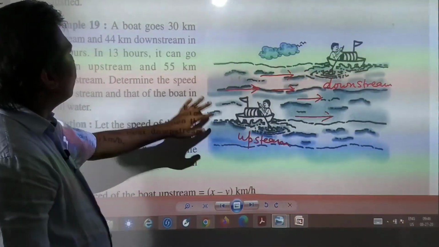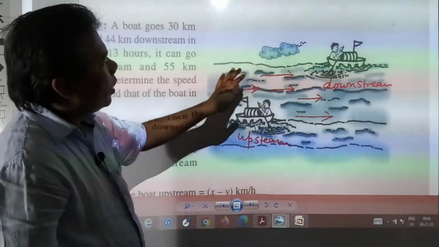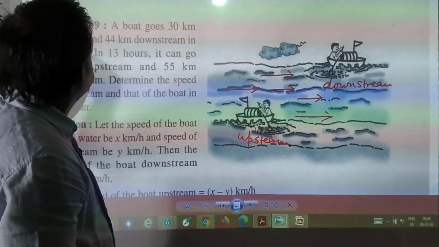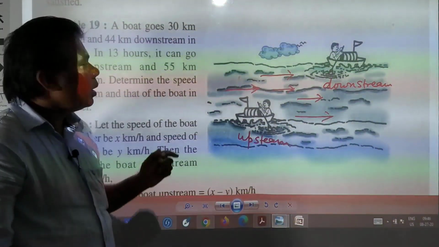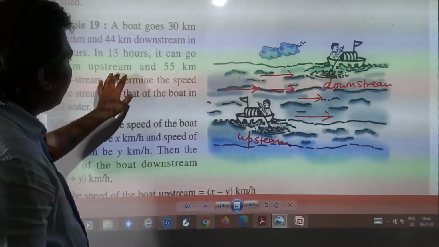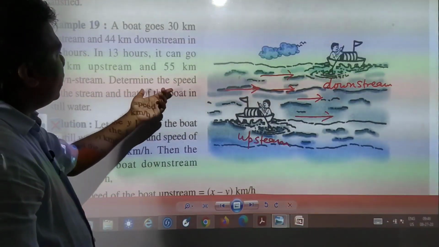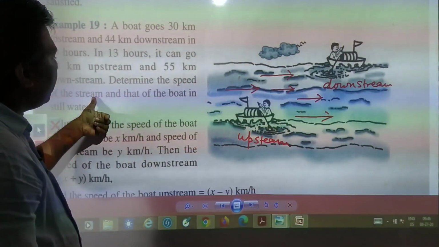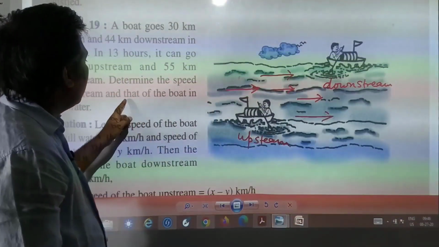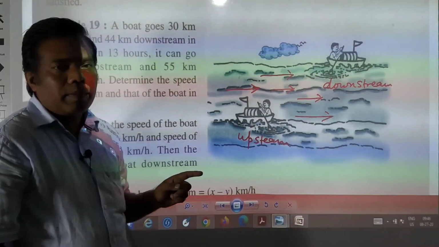So if the boat goes 30 km upstream and 44 km downstream, it takes 10 hours. And in the second condition, in 13 hours it can go 40 km upstream and 55 km downstream. You need to determine the speed of the stream and that of the boat in still water.